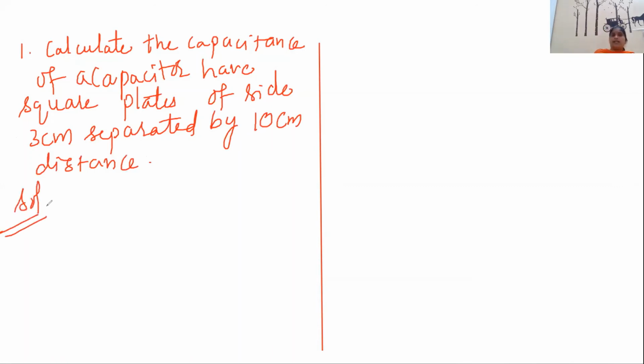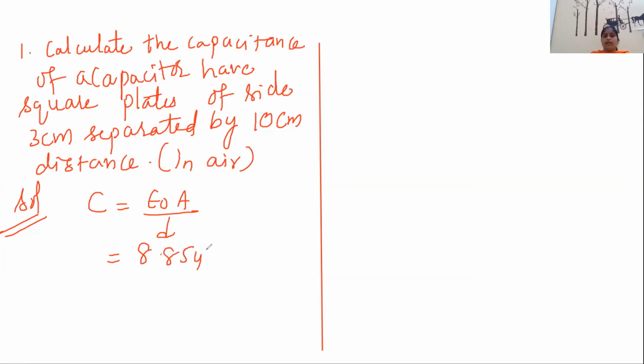Now we are considering the capacitance. What is the formula? C is equal to epsilon naught A by D, and we consider it in air. Epsilon naught is 8.854 into 10 power minus 12, into the area of cross section. What is the area of a square? Side squared.